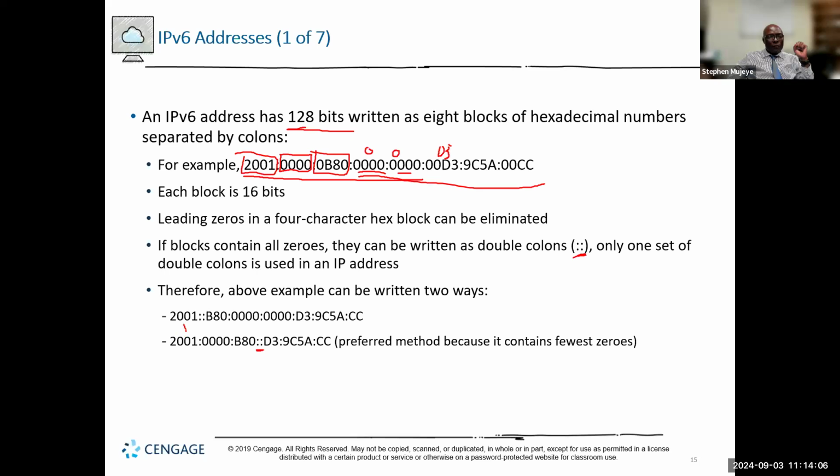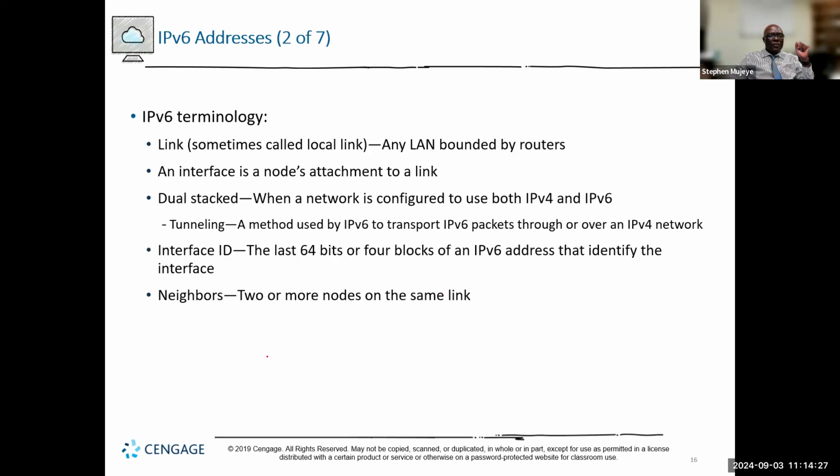So notice we have 1, 2, 3, 4, 5, and 6. The other 2 have been compressed, so it means that they are all zeros. It does not change the value of the IP address when you write your IPs that way.